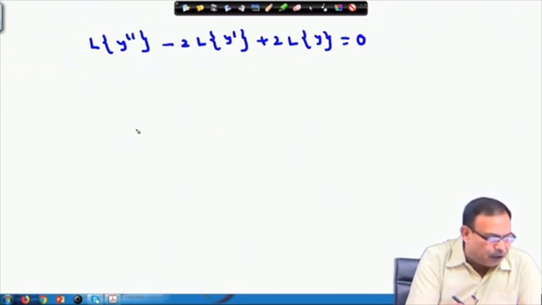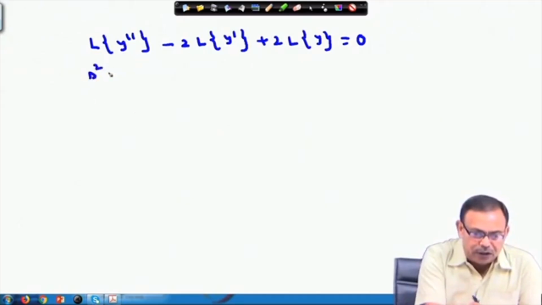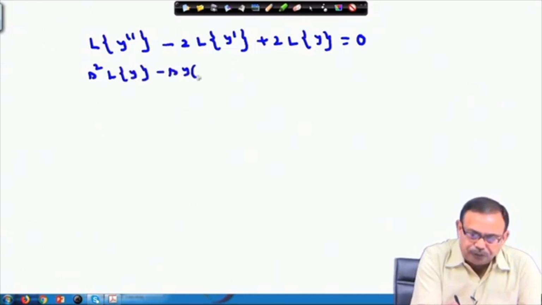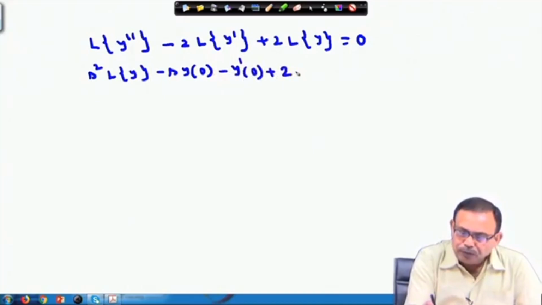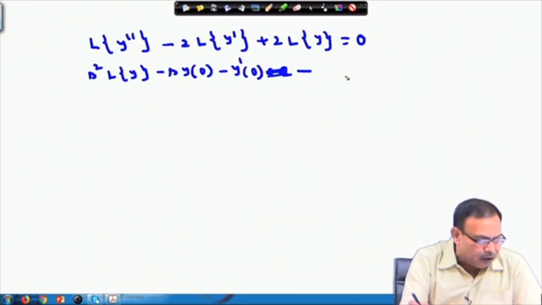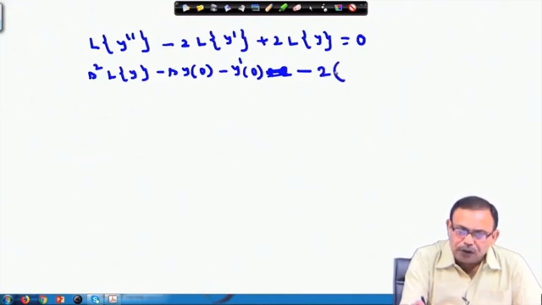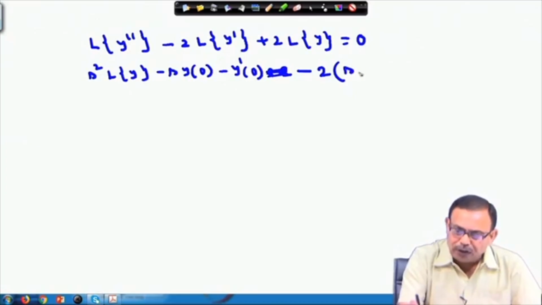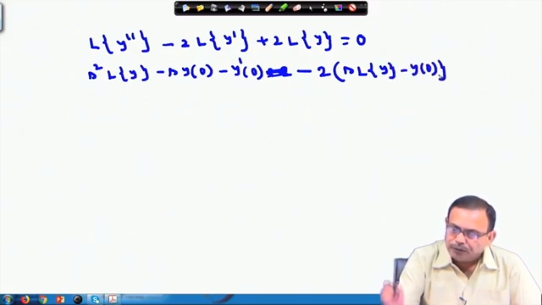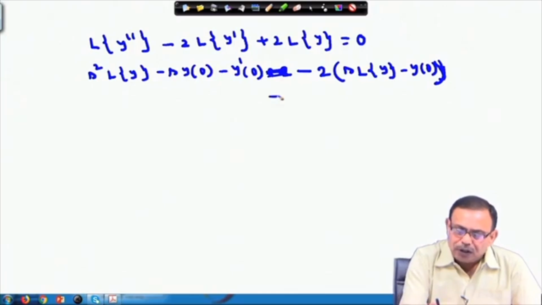Again, Laplace transform of y double dash, I can write as s square into Laplace transform of y minus s into y 0 minus y dash 0, minus 2 into Laplace transform of y dash, and we know it is s into Laplace transform of y minus y 0, and plus twice Laplace transform of y, this is equal to 0.